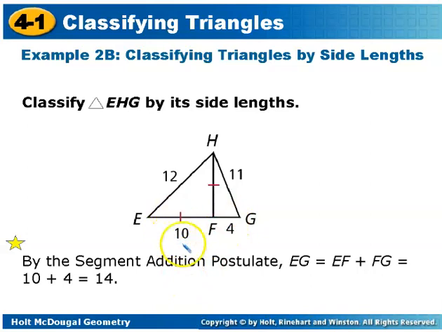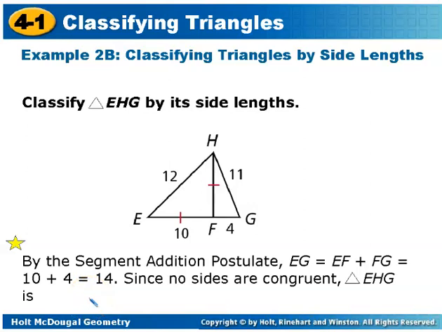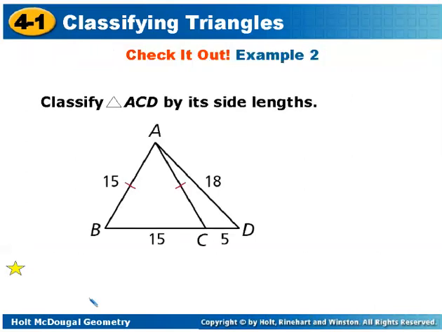Now if we were doing a standard two-column proof, which I'll talk a little bit about later on, we would actually have to start by saying this: EG equals EF plus FG, and then I would have to write the algebra to it. So if I know those measurements, I can tell you that since no sides are congruent, that triangle is going to be scalene. So no congruent sides.